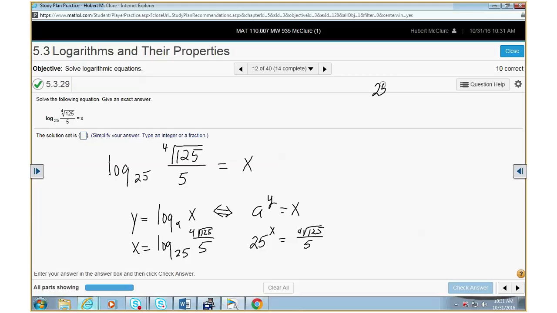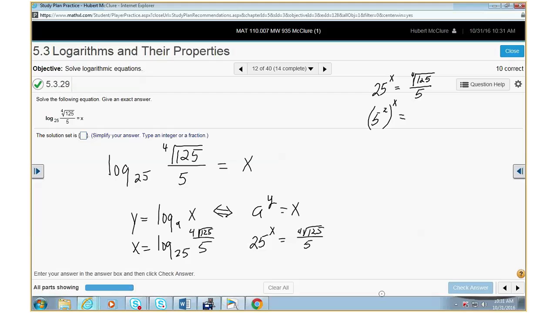25 to the x power is equal to the fourth root of 125 over 5. Now, what's the first thing we're going to do? Make that 5 squared to the x.